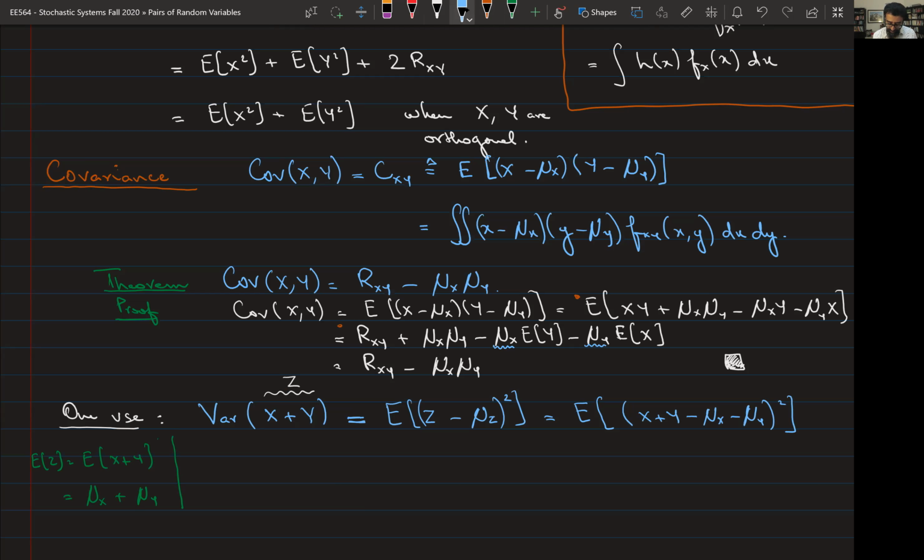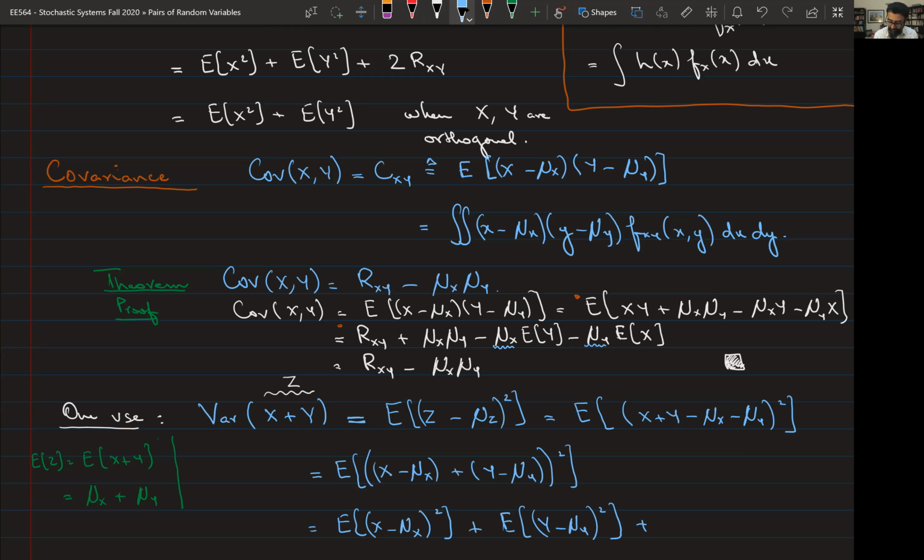The way I'm going to do this is play a little bit clever to get the relationship that I want. Let me pull this here, plus y minus mu y here, and then this is the whole squared. Because of which this is expected value of x minus mu x whole squared plus expected value of y minus mu y whole squared. And what do I have next?